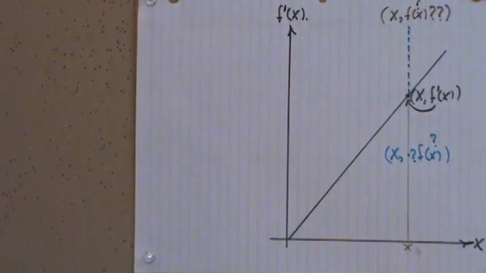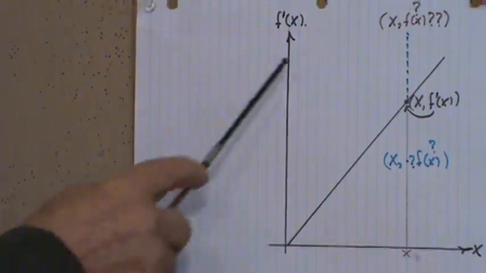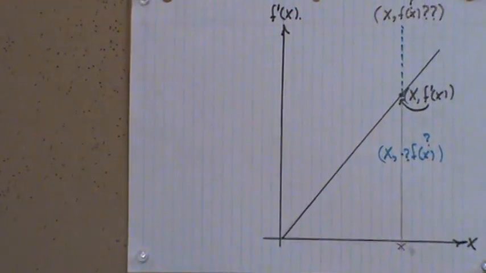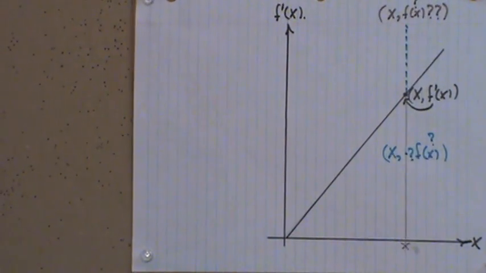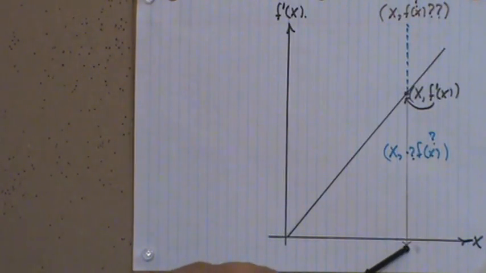Now that output is the slope of the tangent line to the graph of the original function that we don't know, we call it the mother function. We can also say it is the instantaneous rate of change at that given point x.